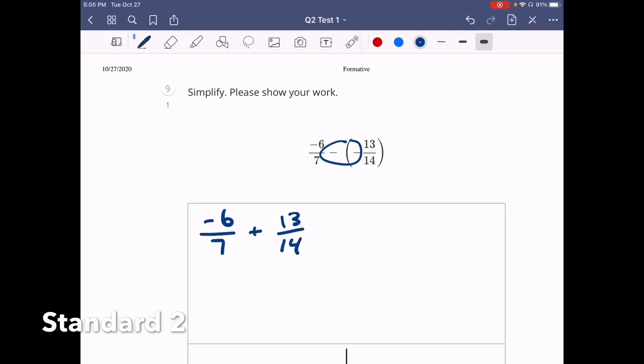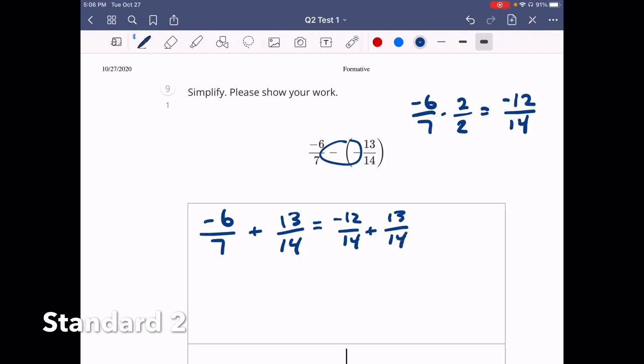So my common denominator is going to be 14, and I'm just going to show you that over here. Negative 6 over 7, I multiply by a giant 1 because that's how we find equivalent fractions, and I get negative 12 fourteenths. So this problem is the same as negative 12 fourteenths plus 13 fourteenths, right?